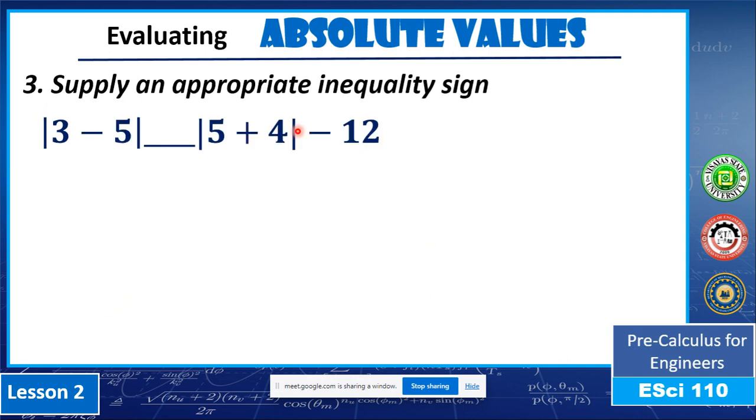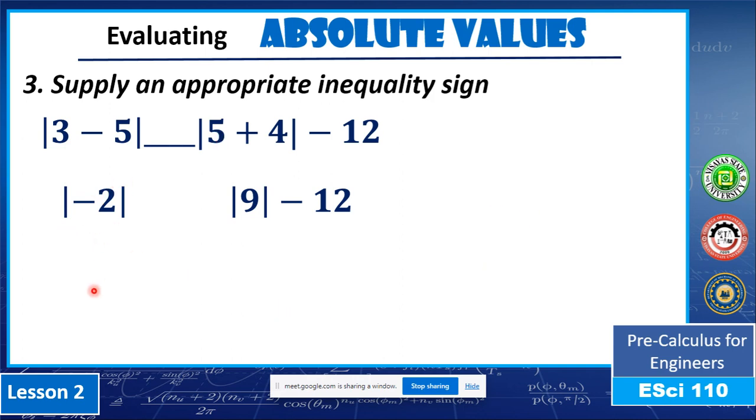So next, how about this one? Supply an appropriate inequality sign. So we have the absolute value of 3 minus 5, then the absolute value of 5 plus 4, minus 12. We are going to compare these, so let's simplify. 3 minus 5 is negative 2. Then we have the absolute value of 5 plus 4, which is 9, and then minus 12.